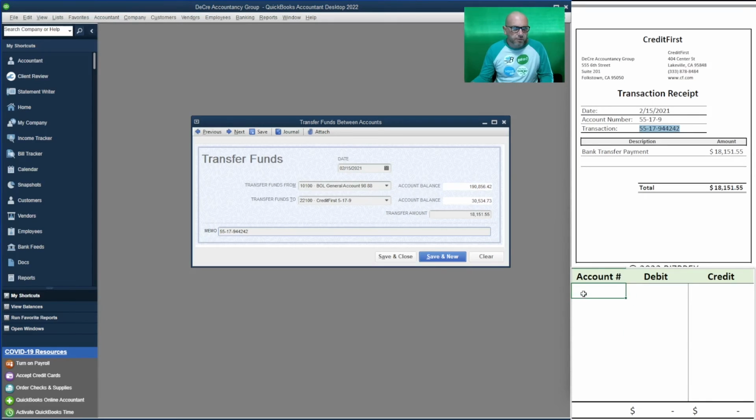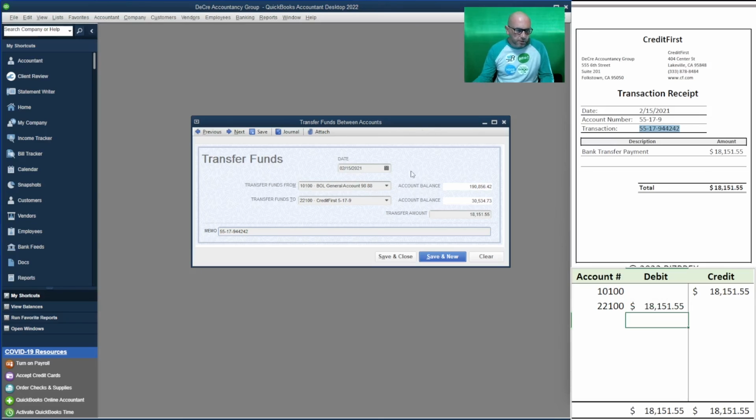So what's happening right now? Our bank account 10,100 will be reduced. Being an asset, it's reduced when it is credited. What else is happening? Our liability account, credit card 22,100, that liability will also be reduced because we're paying it down using cash in our bank account. And liabilities are reduced when debited.